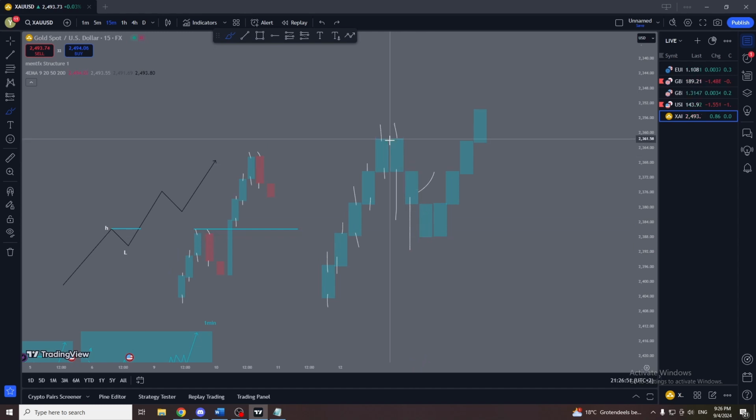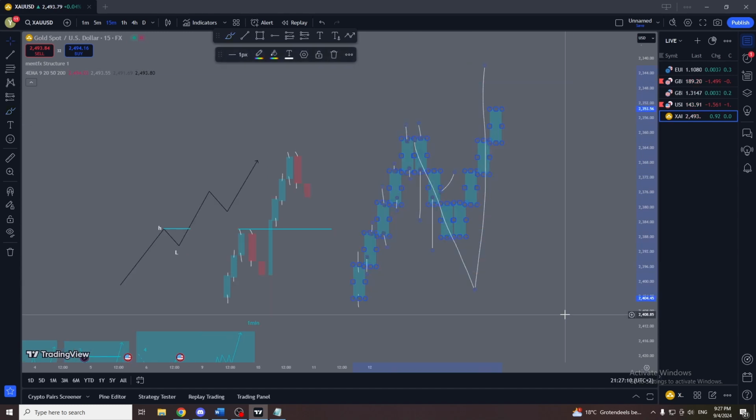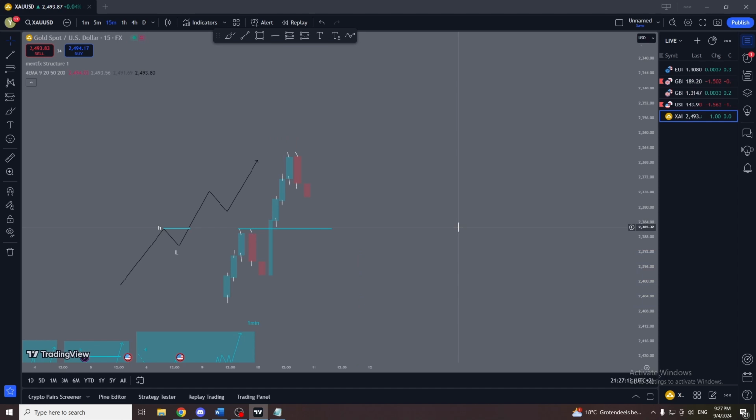So even if this came all the way down, and then it came up again, there would not be a pullback. So it's very important that you guys are not attached to how deep price is dropping, but more to how price is dropping. Okay, so that's enough said for the pullback.